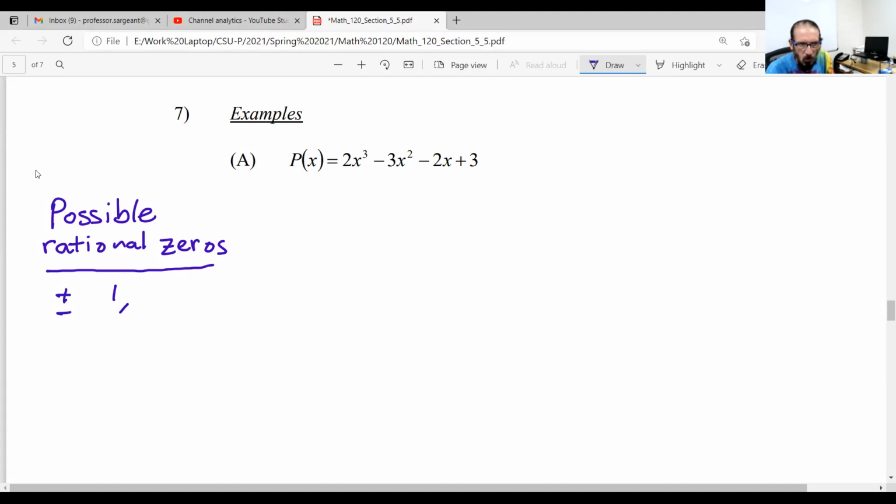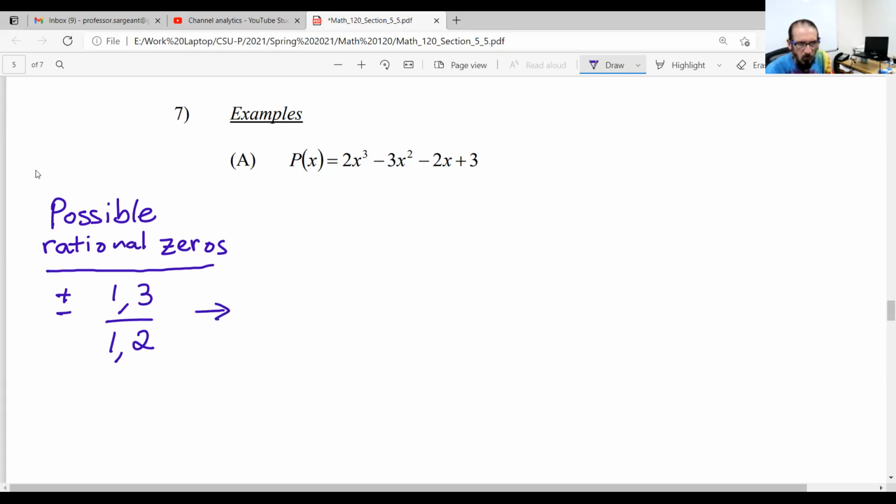Since both of those are prime, here are the factors of the constant and then of the leading coefficient. They can be positive or negative.